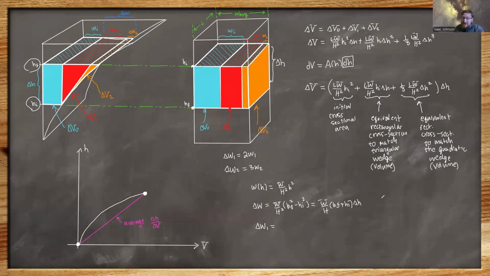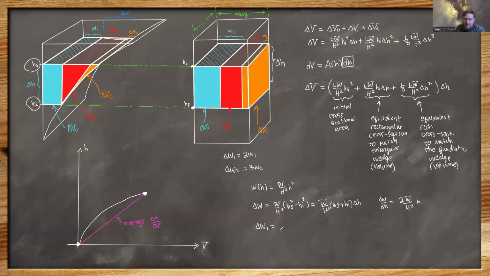In order to do that, we had to use a similar limiting process that led to us finding that dW/dH was 2W over H squared times H. So yeah, that would be our slope.